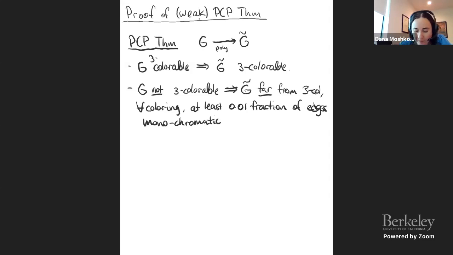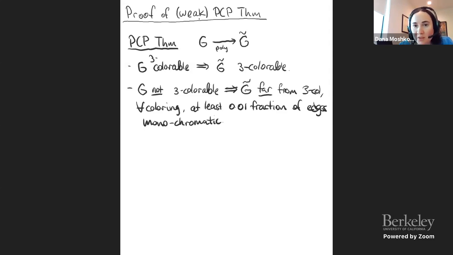Okay. If the graph is not three-colorable, it just means that for every coloring there exists an edge that is not colored right. And suddenly here, for G tilde, not only does there exist one edge, there exist many edges. So a constant fraction of the edges are monochromatic. And this transformation from G to G tilde is polynomial time.